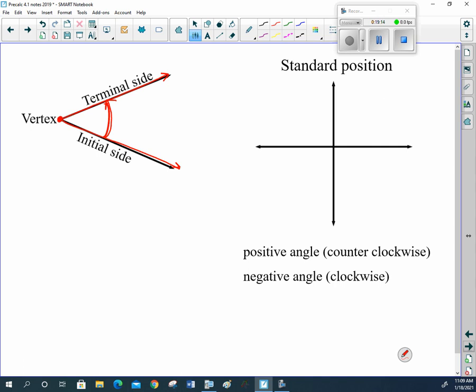Okay, in standard position, the initial side is always the positive x-axis. So in standard position, your initial side is always right here. This is your initial side. And your vertex is always at the origin also.